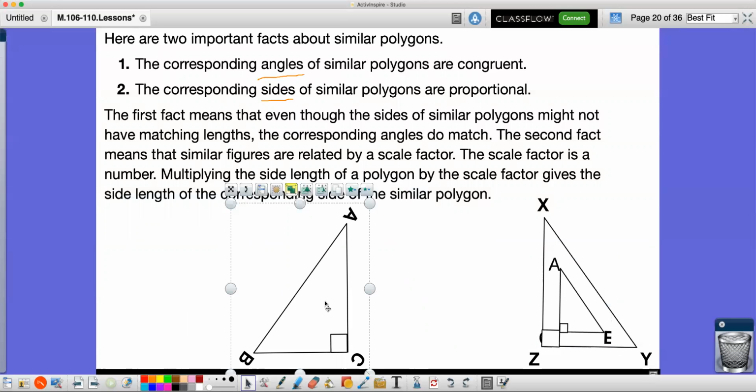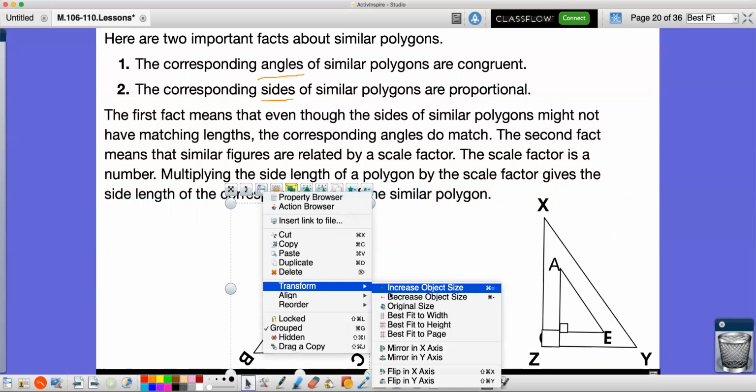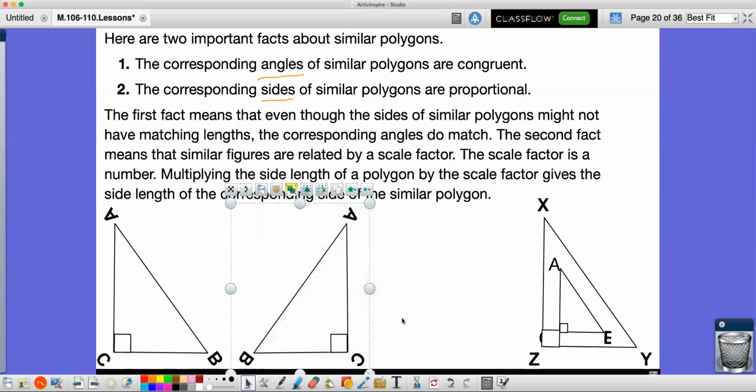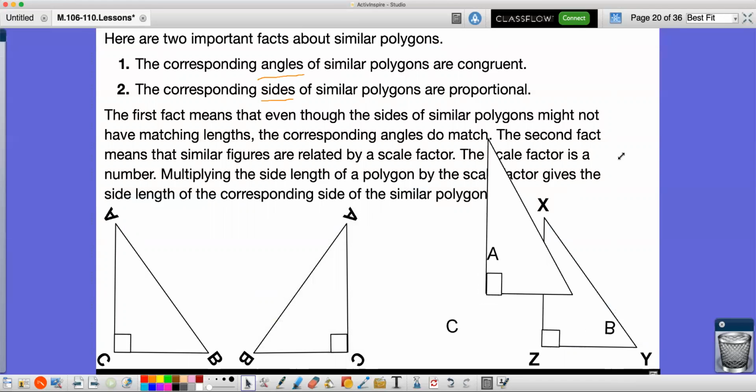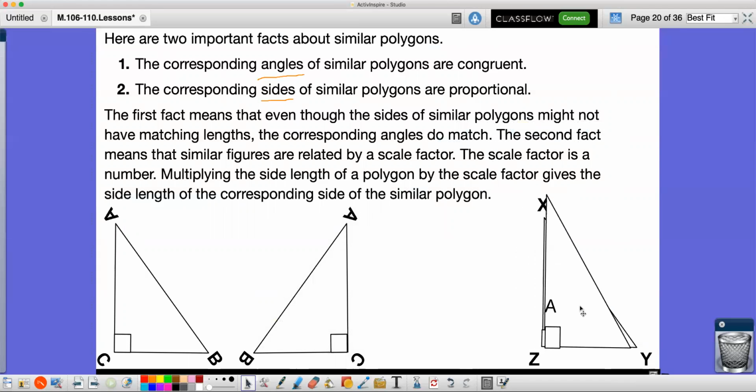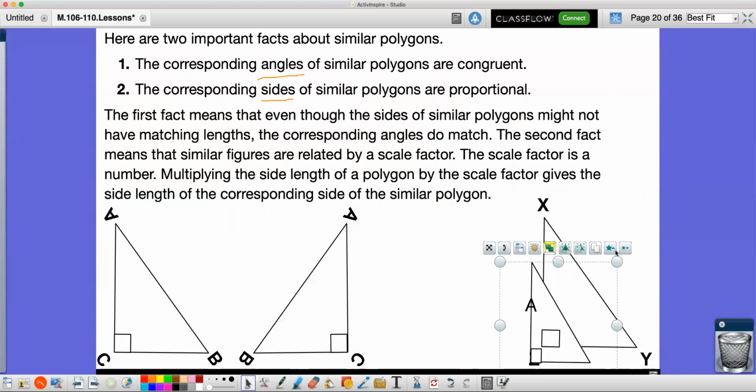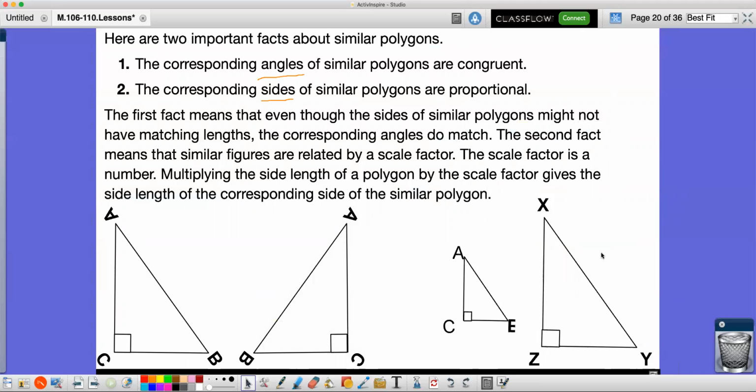And this could be considered similar if we were to reflect it. If we mirrored on the y-axis, there's an example of it right there again. I can't do anything with that right now, but this one is similar if we were to expand its size, you can see that it would be closely matching. But right now it's just smaller.